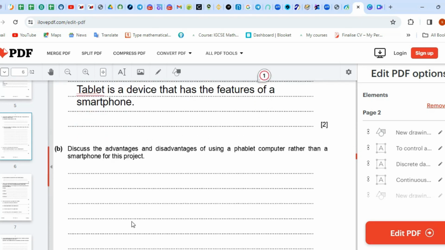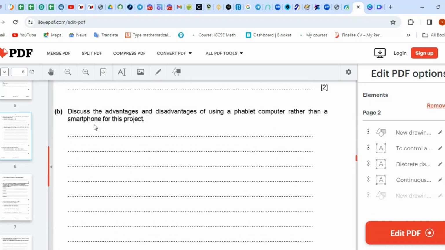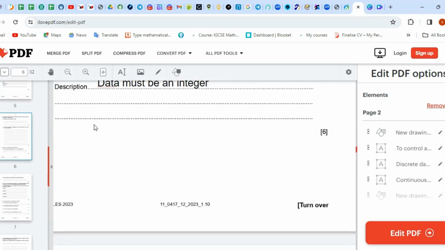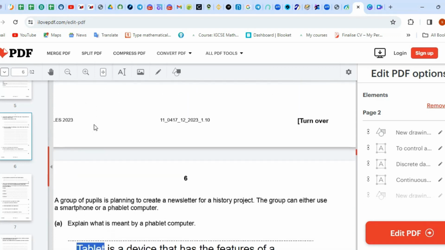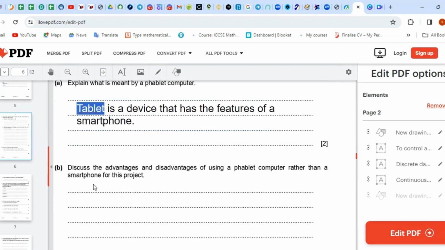Then you are to discuss the advantages and disadvantages of using tablet computer rather than a smartphone for this project. For this project they want to embark on, you are to tell us 2 advantages of using a tablet over a smartphone. So what do you think are the advantages and disadvantages?